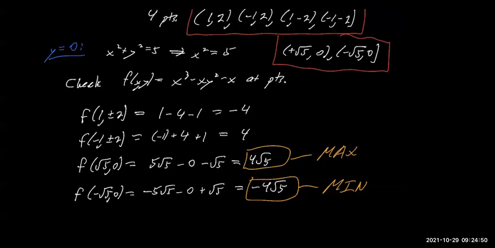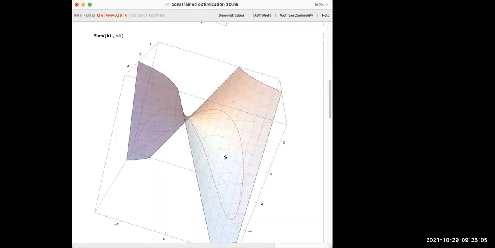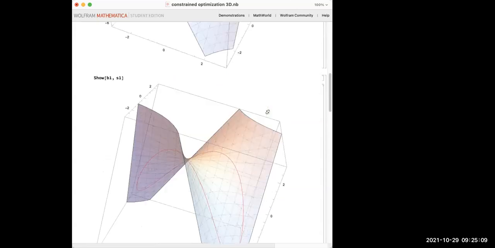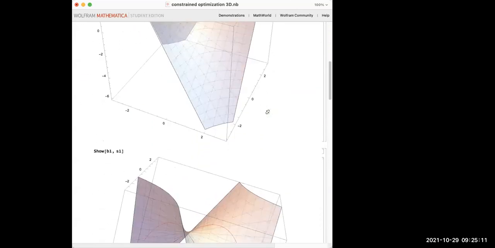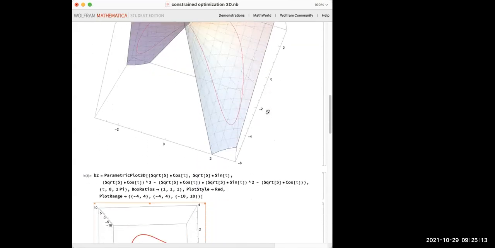It's a little surprising. I did actually plot this. Let me share Mathematica with you guys. I did plot this surface, and that was the visualization we had before, the very first Lagrange problem we did.